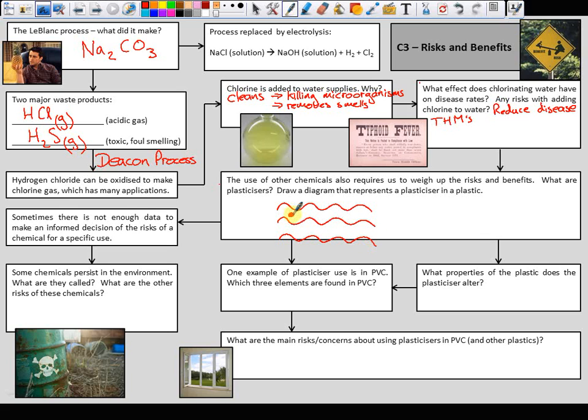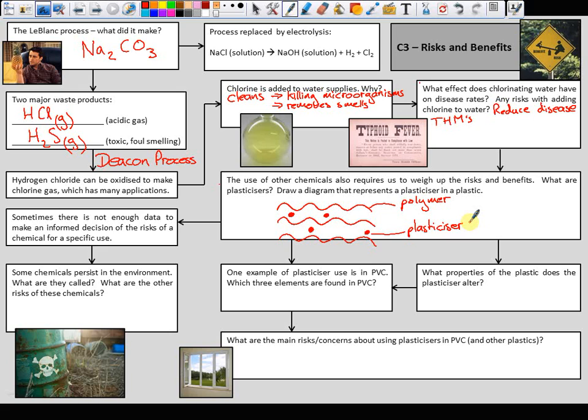And we're going to draw some plasticizer molecules in here, where the wiggly lines are your polymer and the blobs are your plasticizer. Okay, brilliant.